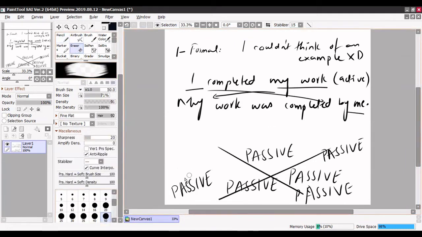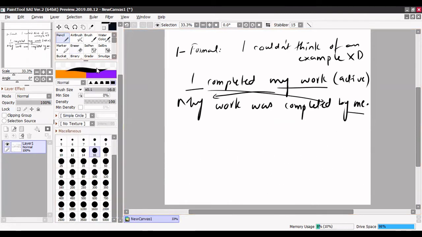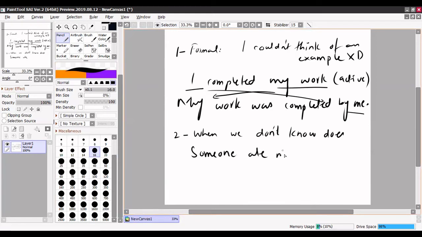So if I say in active voice, someone ate my donuts, but I don't know who ate them. I don't know who ate these donuts. The identity of the person eating my donuts is a mystery. They are unrecognized. We don't know them.